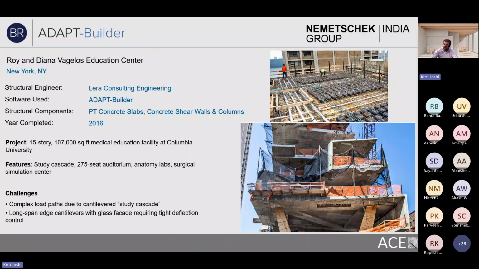As you can see, Lera Consulting Engineers is the structural designer for this project. They have an office in India as well. The post-tension concrete slabs, concrete shear walls, and concrete columns are the main structural components that were designed in Adapt Builder for this project.